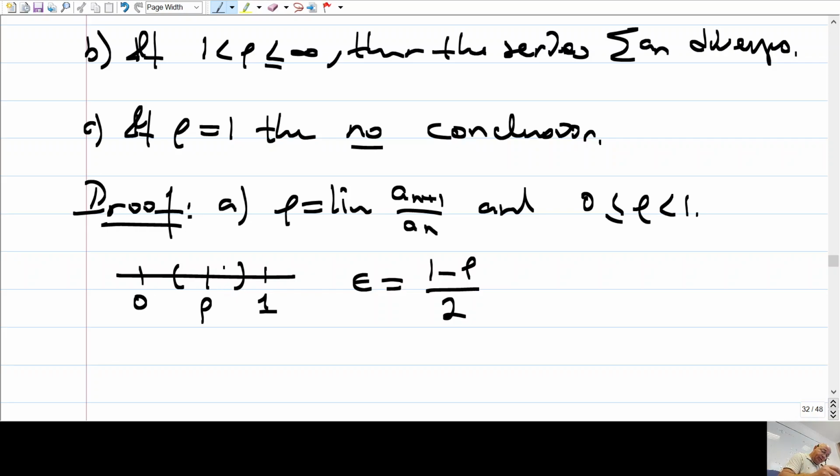And then we know what? All the terms of the sequence will fall into this interval. So this is a positive number.